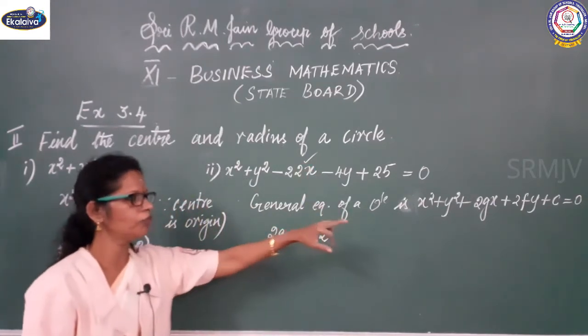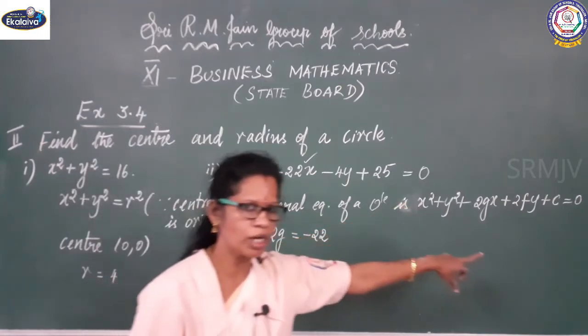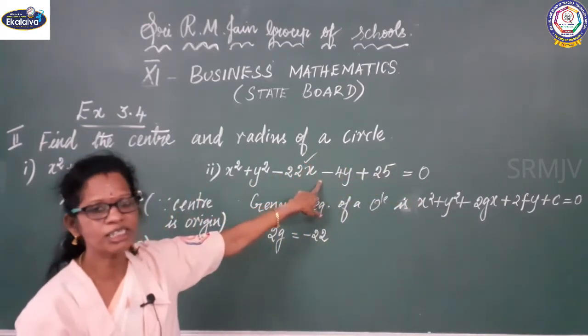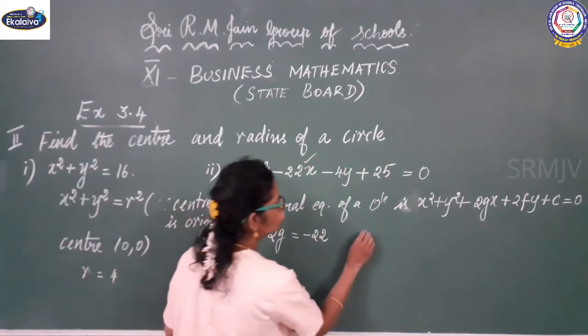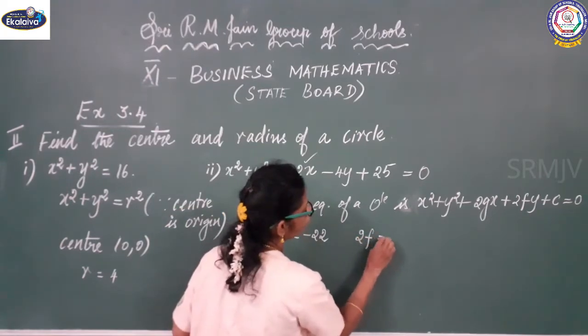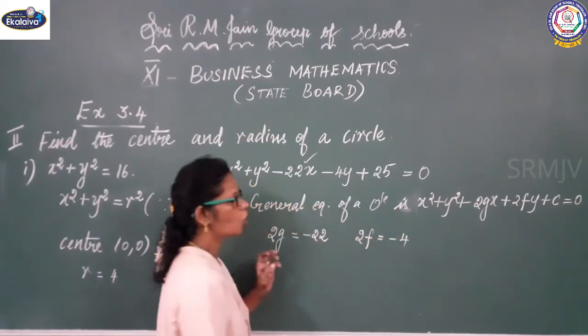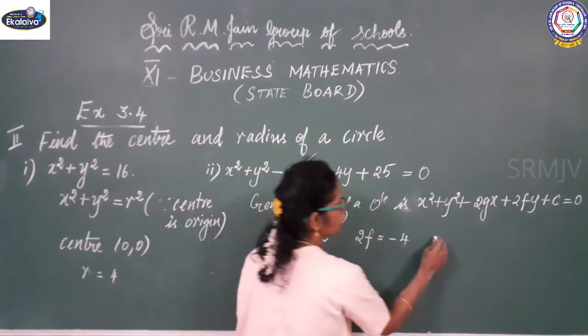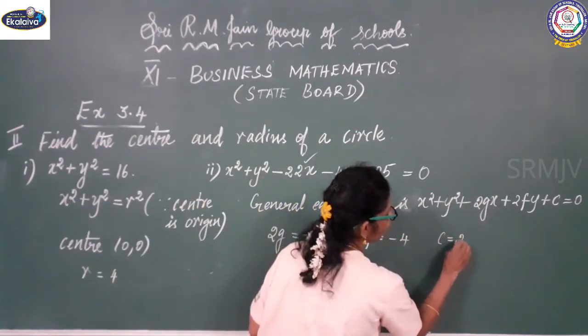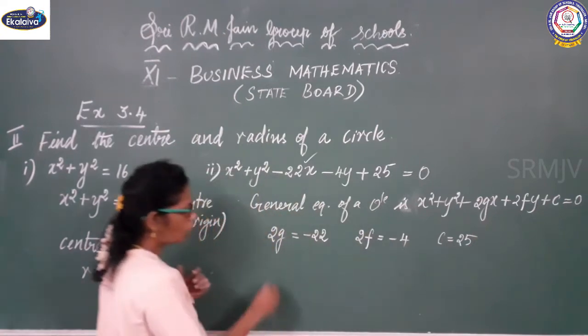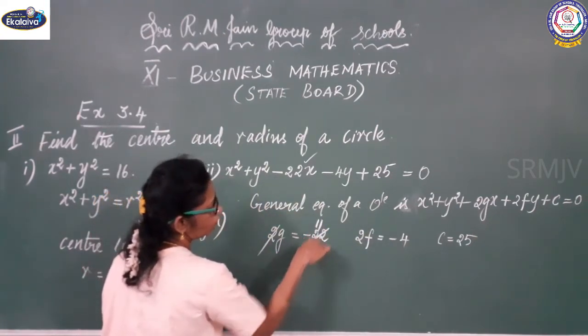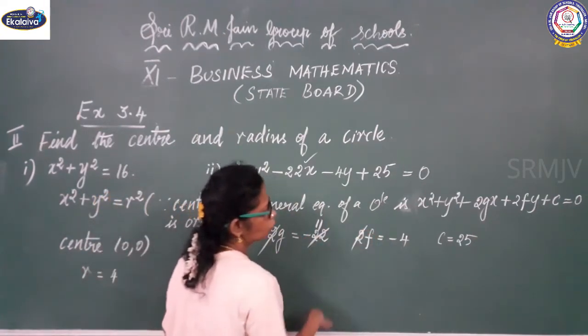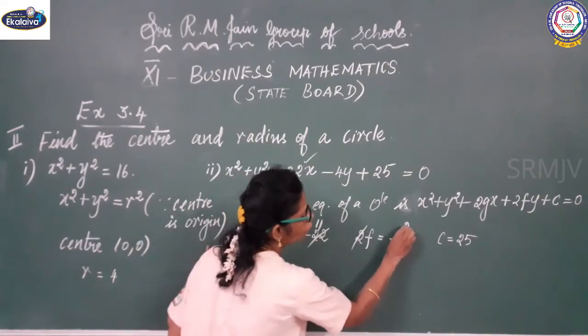Now what is the coefficient of y in general? 2f. In the given format it is minus 4. So 2f equal to minus 4. Now what is c? c is the constant. c is equal to 25. Now 11, 2 1s are 2. Here also 2 1s are 2, 2 2s are 4.